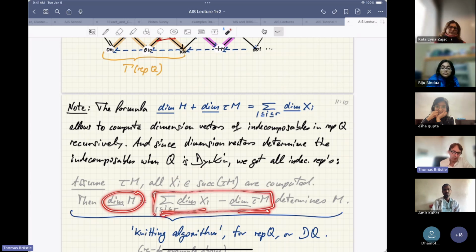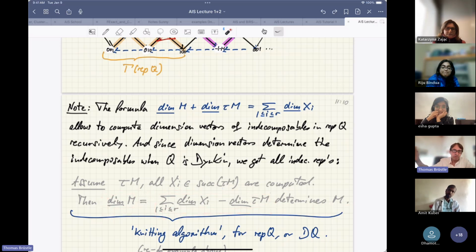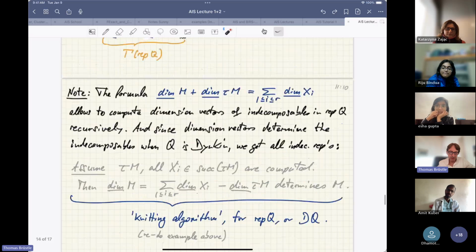These two are known, so you know the dimension of M, so you determine M, and you can move forward. So this is the knitting algorithm, and it goes from left to right through the quiver. You have done this, right? Yeah, very good.